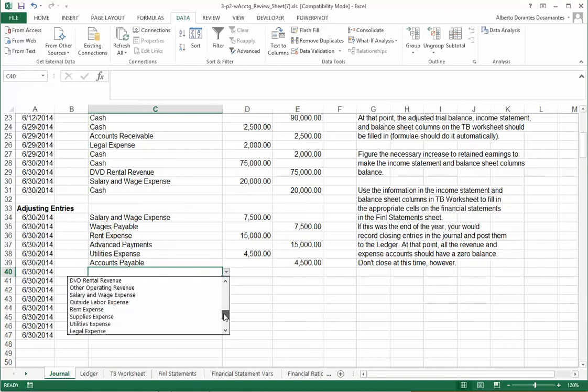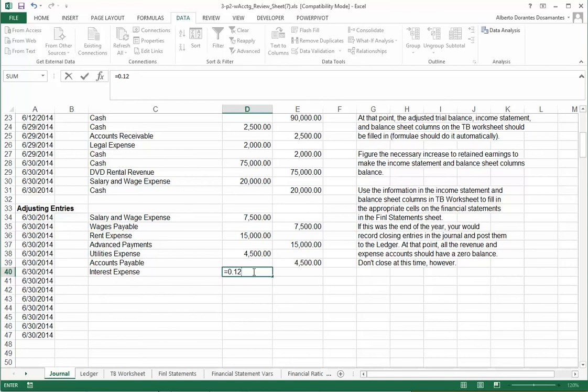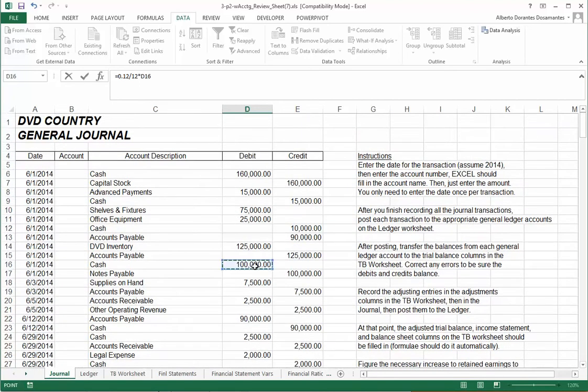Then we search for interest expenses, and right here it is. The amount is, since this is 12% annually, we divide that, 0.12 divided by 12, that is monthly, and multiply it by the amount of the loan, that is 100,000.